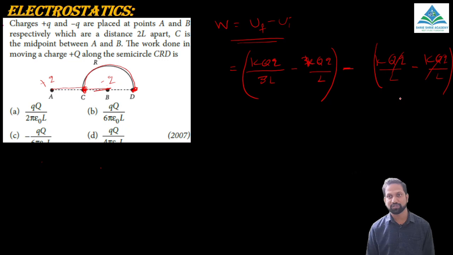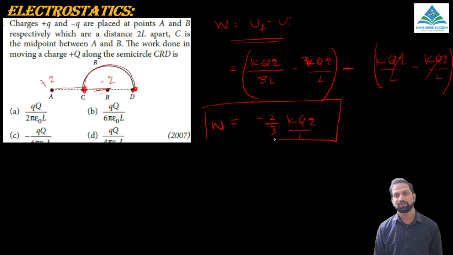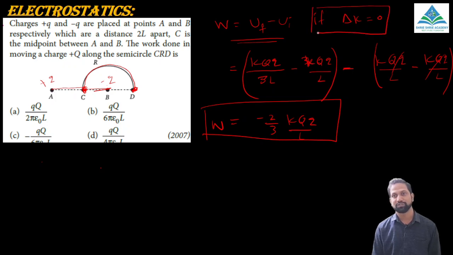So the initial potential energy became 0, and the final potential energy is non-zero. So it is 1/3 minus 1, so minus 2/3 K capital Q small q by L. This is the work done. And this formula is applicable only when there is no change in kinetic energy. If there is no change in kinetic energy, then only this is correct. Work done by external force.